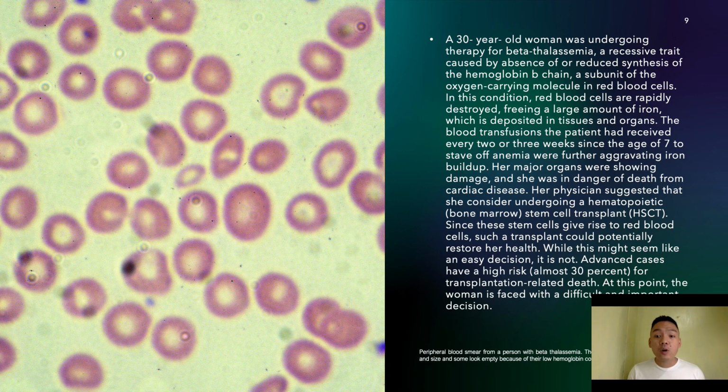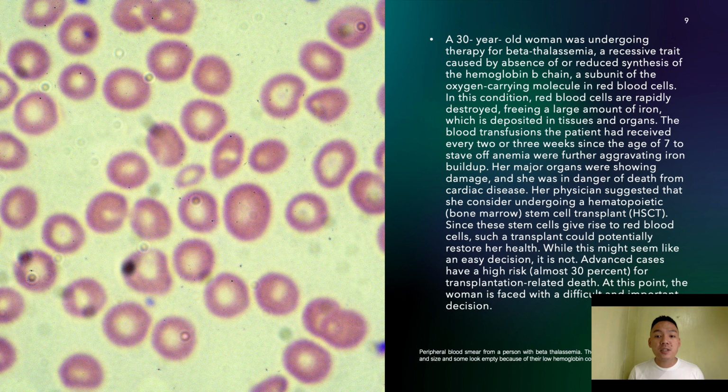A 30-year-old woman was undergoing therapy for beta thalassemia. This is a recessive trait caused by absence or reduced synthesis of the hemoglobin beta chain, which is a subunit of an oxygen-carrying molecule in your red blood cells. In this condition, red blood cells are rapidly destroyed, freeing a large amount of iron, which is deposited in tissues and organs.